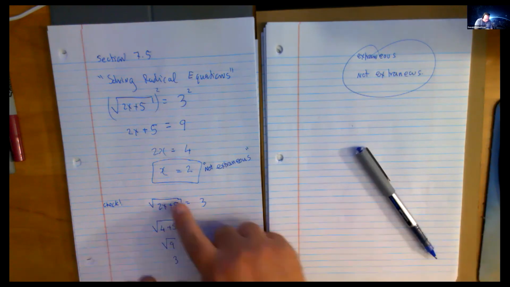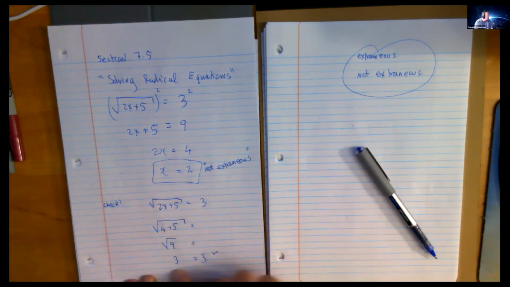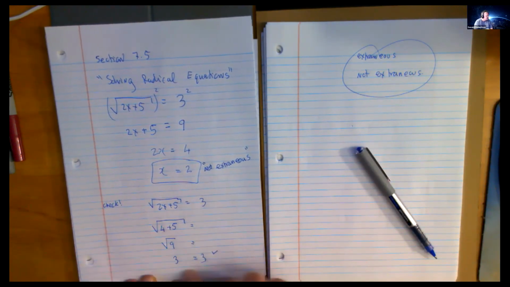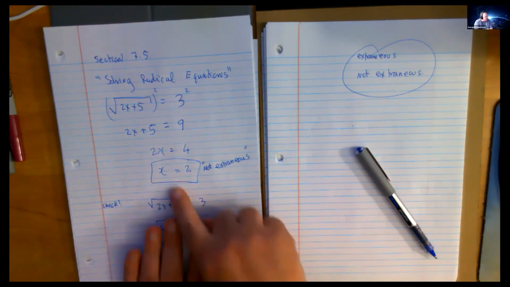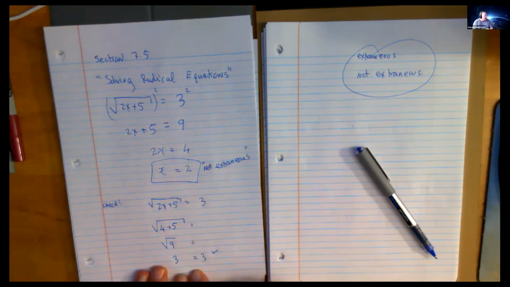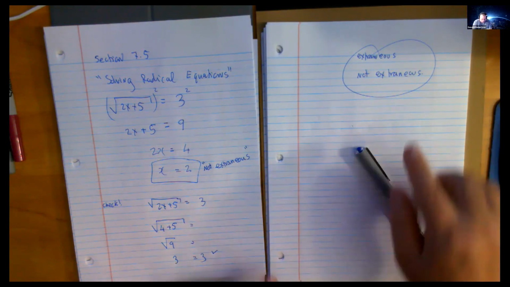Can you imagine that we plugged this in, but it didn't work? And I'm going to find one that doesn't work to show you it happening, right? So you got the equation x equals 2, you plugged it in and it failed, right? It didn't get you the answer. Then when that happens, you're going to call it extraneous. So the solution is still x equals 2, but extraneous.